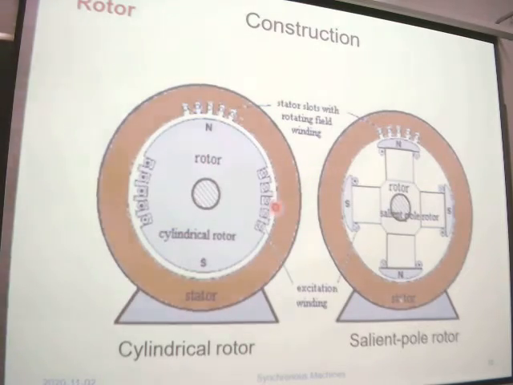Let's see the two types of rotor. The left one is a cylindrical rotor, and the right one is a salient pole rotor. This is the four poles rotor, and this is two poles.